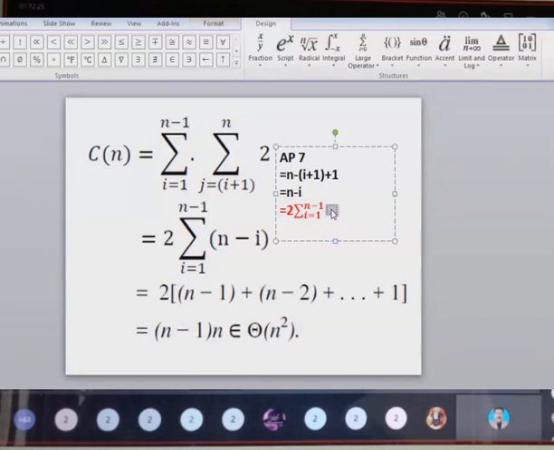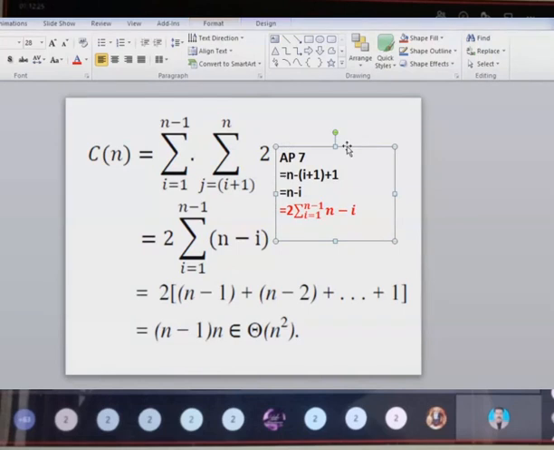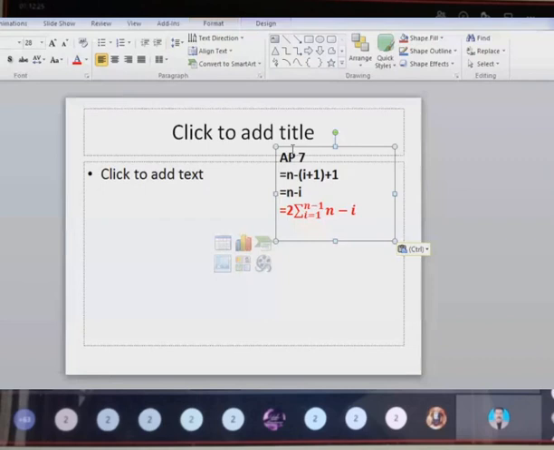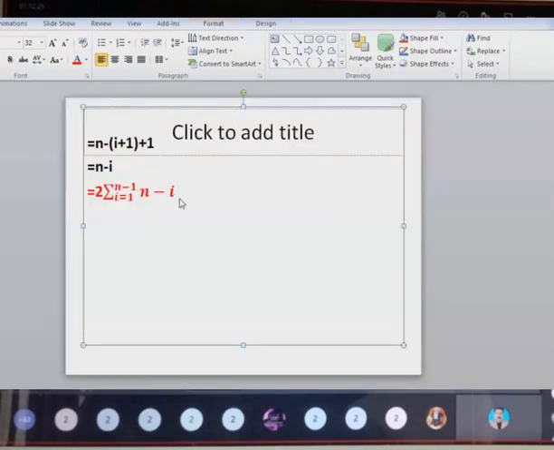Here we have n minus 1. Okay, now we are going to apply the formula number 2, right?